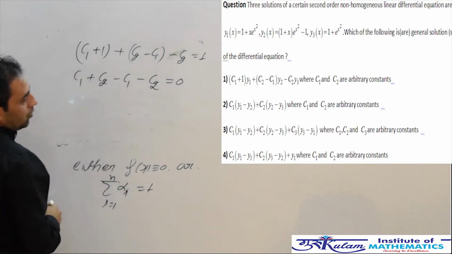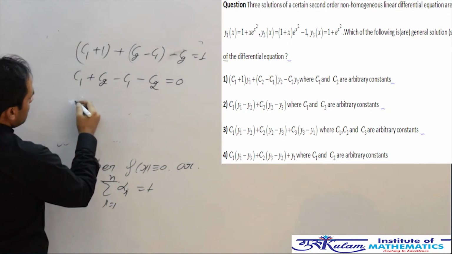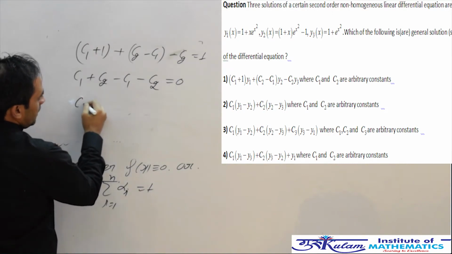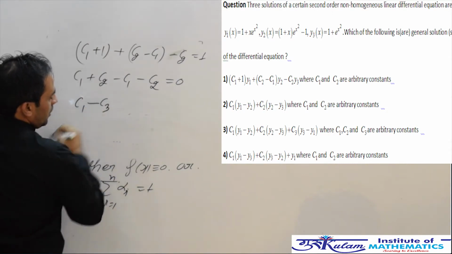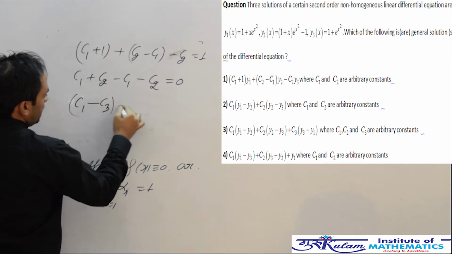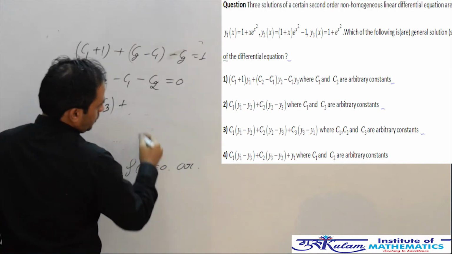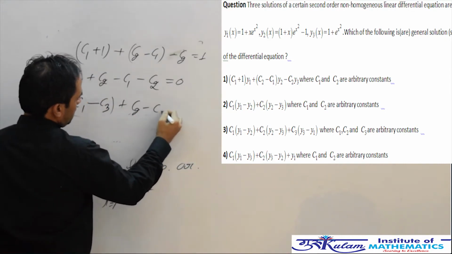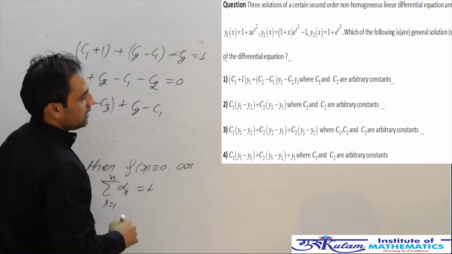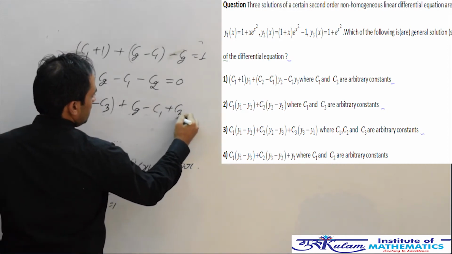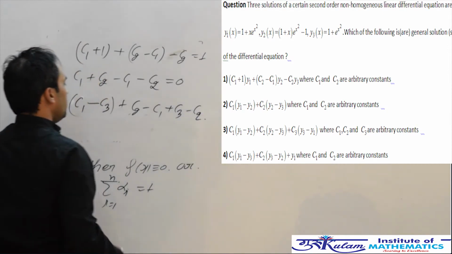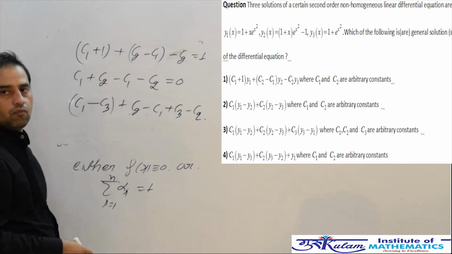In the third option, the coefficient of y1 is c1 - c3, the coefficient of y2 is c2 - c1, and the coefficient of y3 is c3 - c2, which again is not equal to 1.